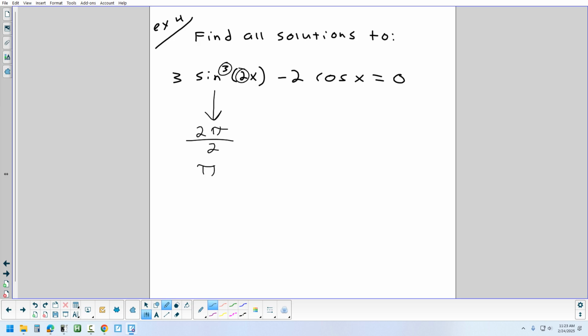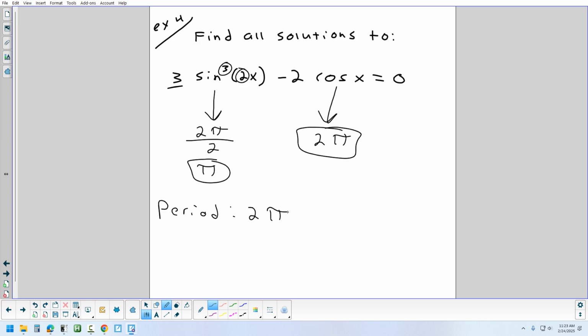And again, this is just a vertical stretch. It has nothing to do with the period. How about 2 cosine x? 2 pi over b. And what's b in this case? 1. So period of the entire left-hand side is going to be 2 pi.